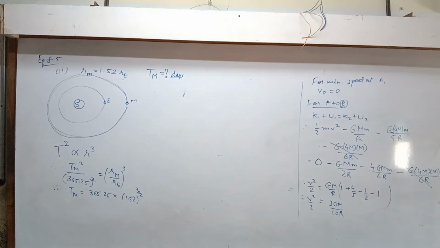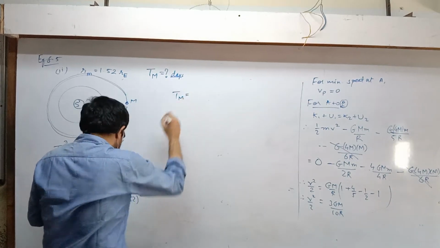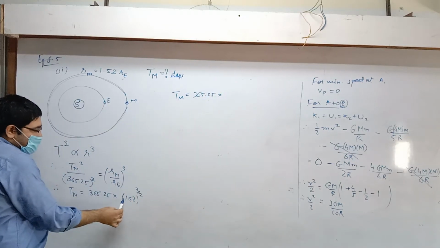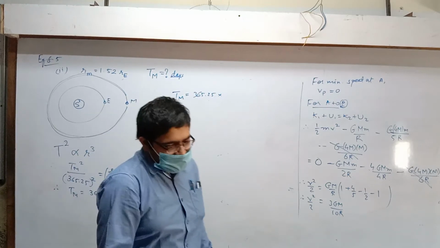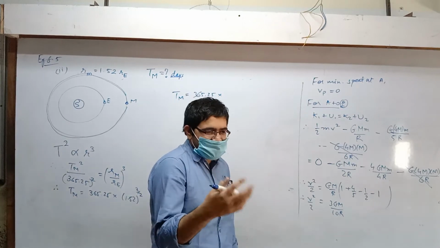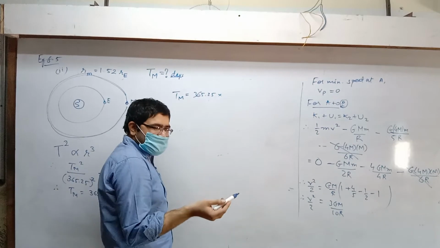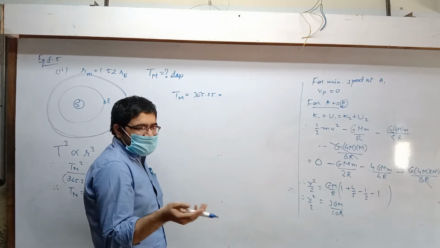So this Tm is equal to 365.25 multiplied by 1.52, square root and then cube. Cube first and then square root, it's fine. 1.52 into 1.52 into 1.52 and then square root.